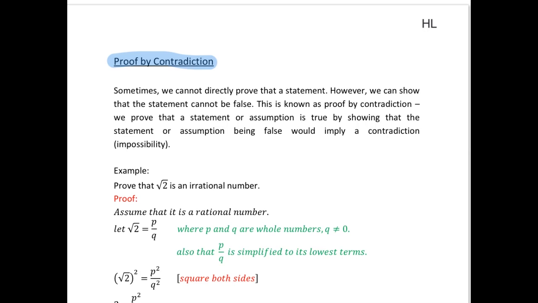So here I'm going to go through an example for proof by contradiction, which is to prove that the square root of 2 is an irrational number.